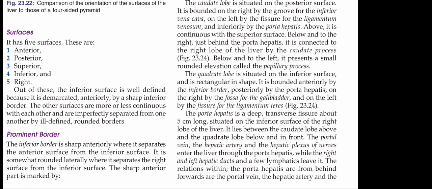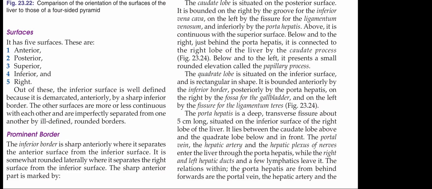The porta hepatis is a deep transverse fissure about 5 centimeters long, situated on the inferior surface of the right lobe of the liver. It lies between the caudate lobe above and the quadrate lobe below and in front. The portal vein, the hepatic artery, and the hepatic plexus of nerves enter the liver through the porta hepatis, while the right and left hepatic ducts and a few lymphatics leave it.